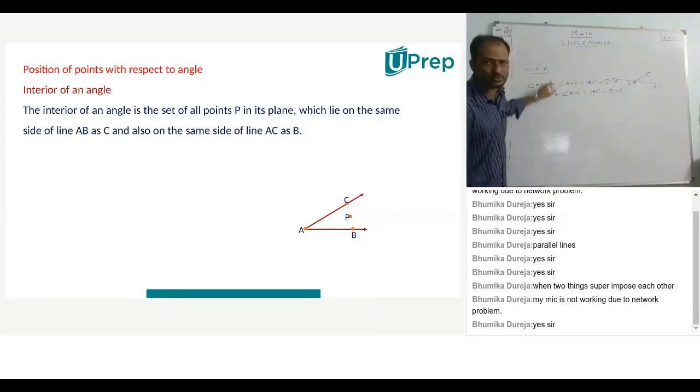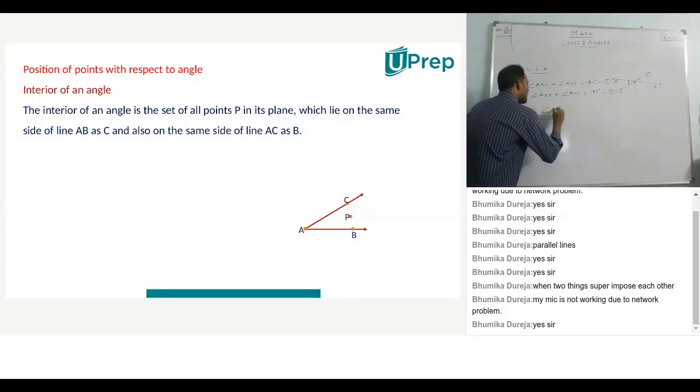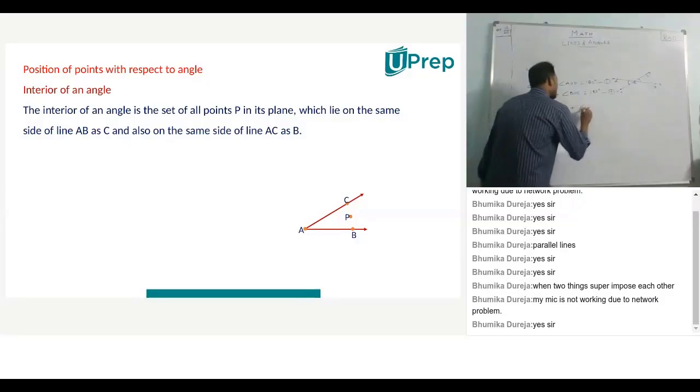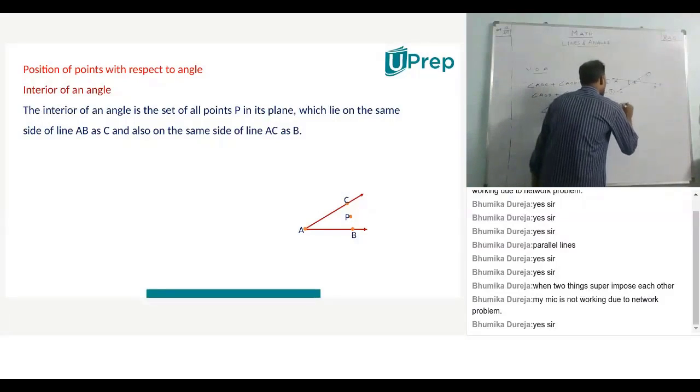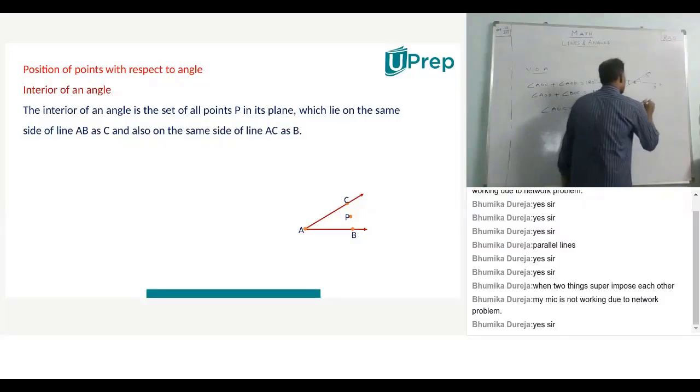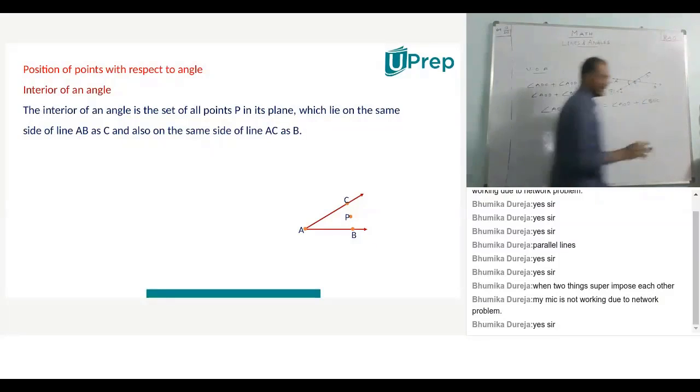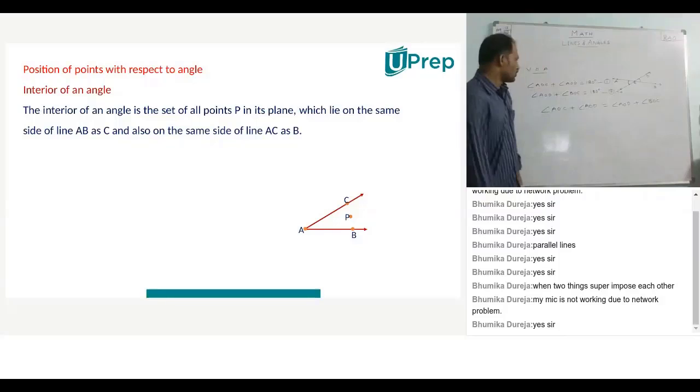So naturally these two LHS will be equal to each other. So we will get angle AOC plus angle AOD is equal to angle AOD plus angle BOD. Am I right? Yes.